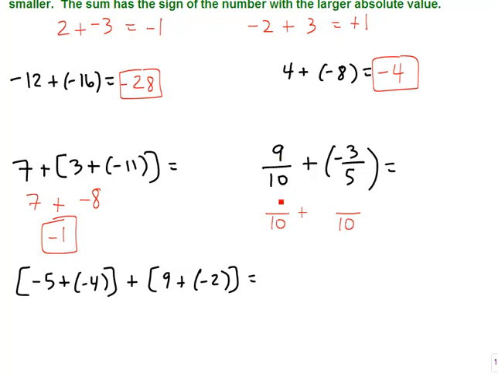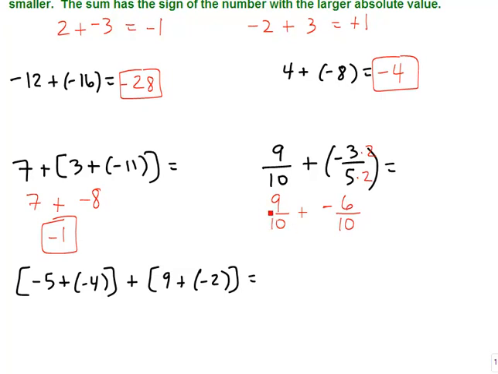Since 9/10 already has a 10, I don't need to do anything to that first fraction. However, the second fraction had a 5. To go from 5 to 10, I would have to multiply the bottom by 2 to balance it out. I also need to multiply the top by 2, and 3 times 2 would be 6. So 3/5 is the same as 6/10, and remember this was negative.